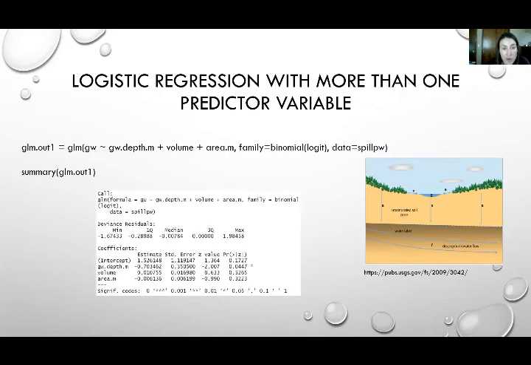In this one, it doesn't say that the intercept is statistically significant. If you recall, in the smaller model with just depth to groundwater being the predictor variable, it did have the intercept as statistically significant. And it doesn't have volume or area showing any statistical significance here.